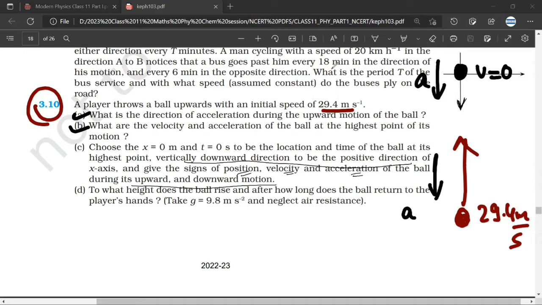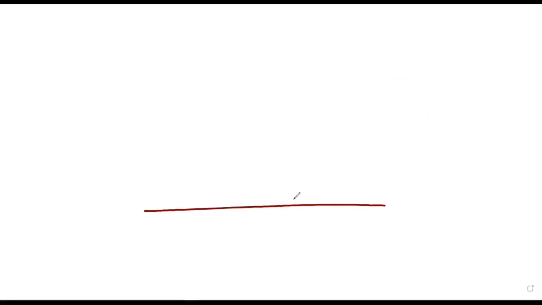So what this fellow is saying is that the highest position would be, basically, this would be the positive direction.